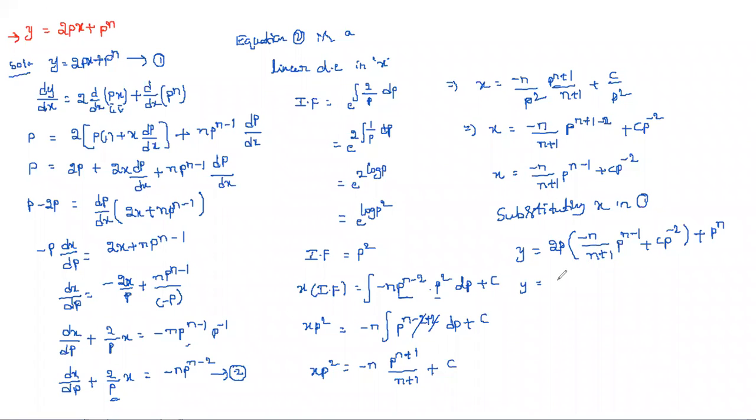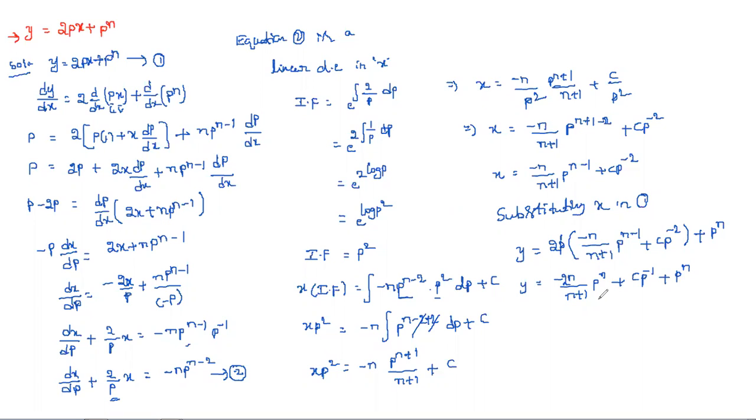Now you can simplify this. Minus n by n plus 1, of course 2 here, 2 also I'm writing here, minus 2n by n plus 1. Here, if you observe, p power 1 here and n minus 1 here. So simply we can write p power n minus 1 plus 1, which is nothing but n, plus c into p power 1 minus 2, which is minus 1, plus p power n.